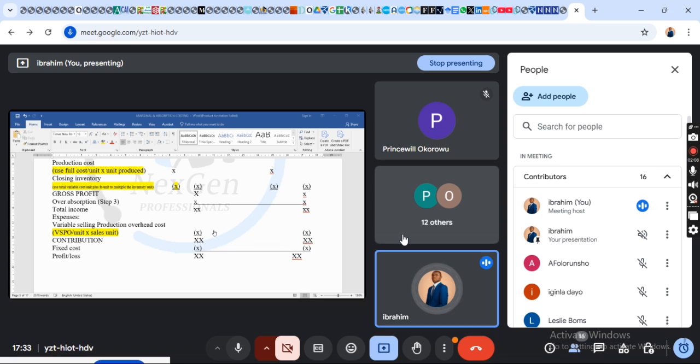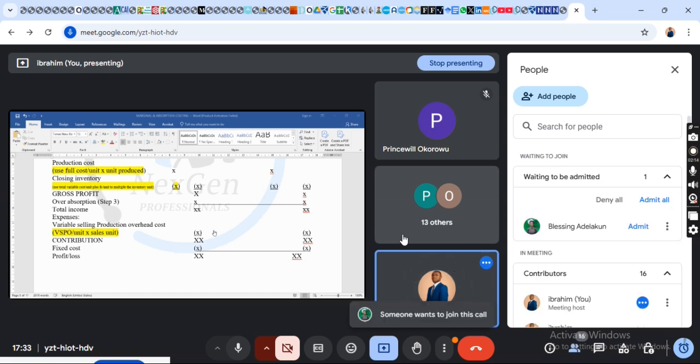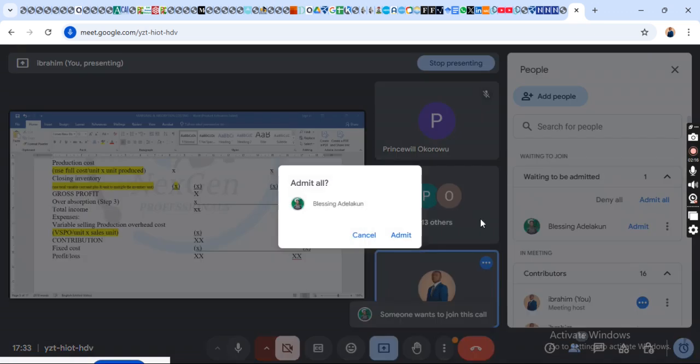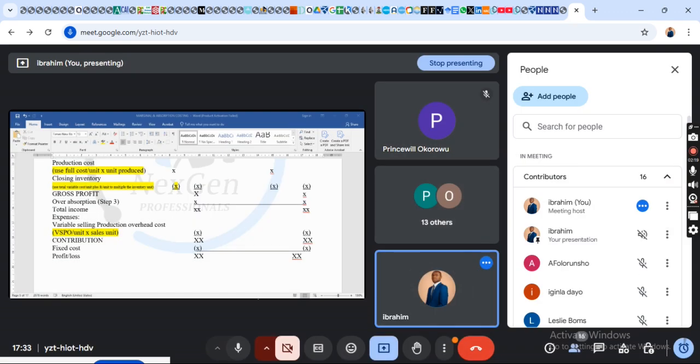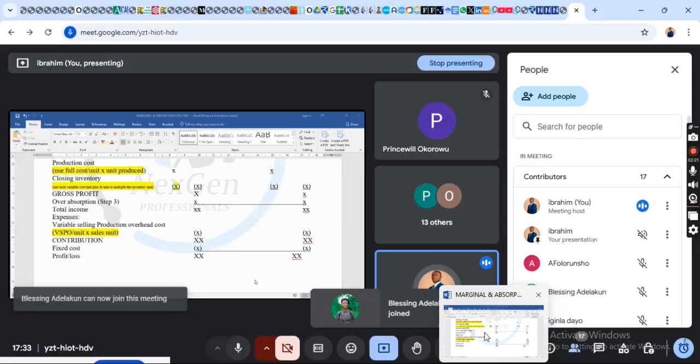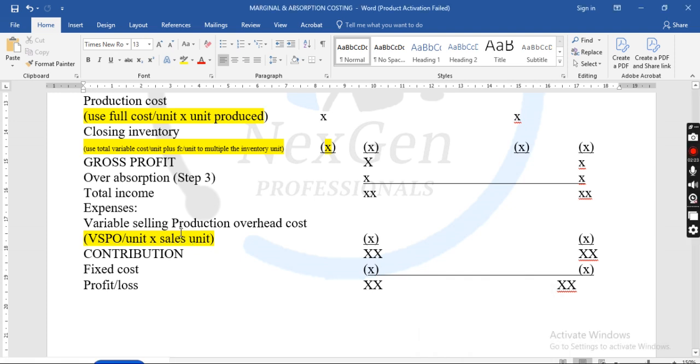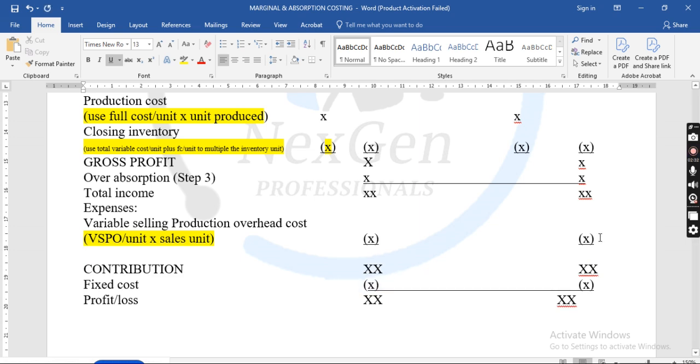Please don't charge full cost, because your variable selling is for sales, not for production. Variable selling will be your expense because you did not use it in production, and that is why it is an expense.